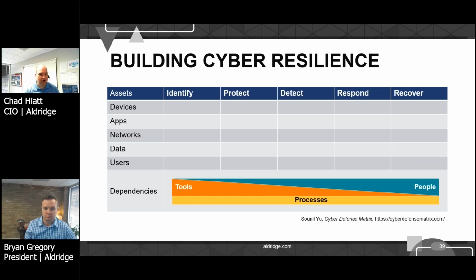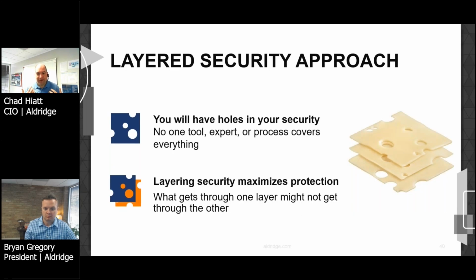Well, I've already mentioned that there's no one magic tool that we can just launch and install and say, congratulations, we're secure. So we have to think about each tool as it's going to protect against certain things, but it's going to let other things through. So, fun analogy, we'll use the Swiss cheese analogy. I've got one piece of Swiss cheese that's got holes in it, and therefore there's lots of ways through it.